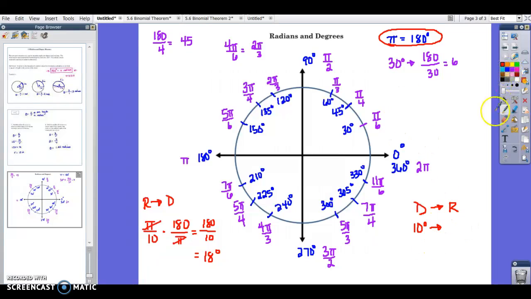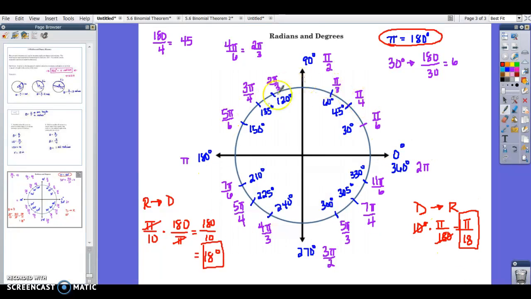If I want to do 10 degrees and convert that into radians, then I would multiply that by pi over 180. 10 goes into 180 18 times, so I would end up with pi over 18. Very easy to switch from radians to degrees and from degrees to radians. You just flip your conversion factor. You want to eliminate the pi's when you're going from radians to degrees, and you want to eliminate the degrees when you're going from degrees to radians.